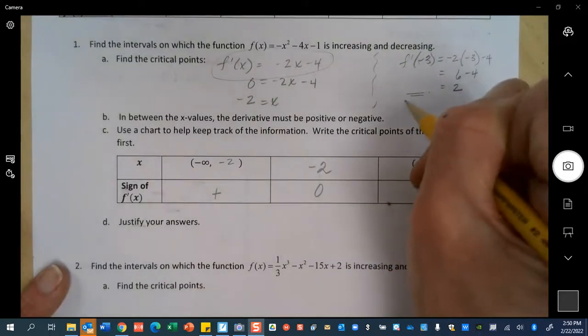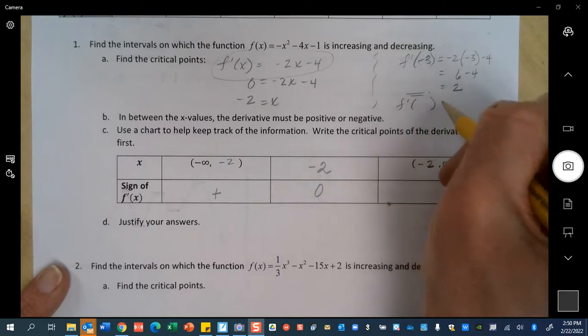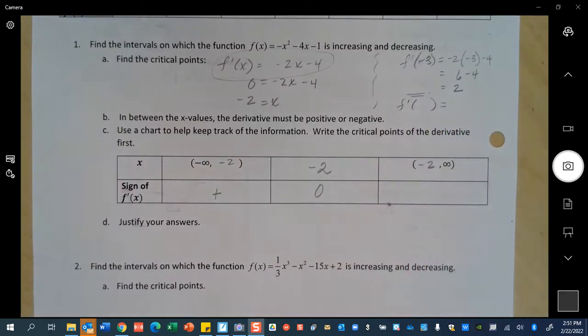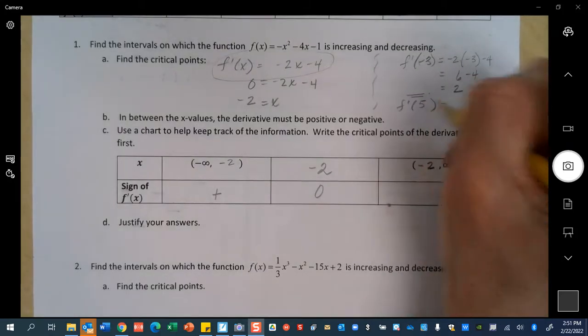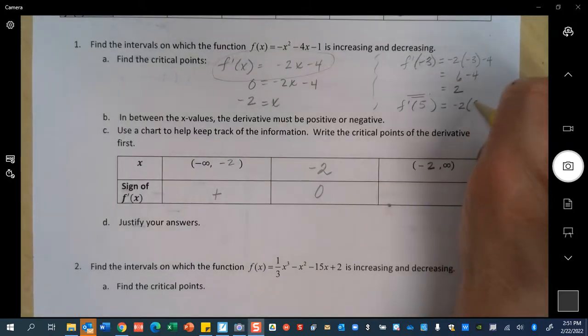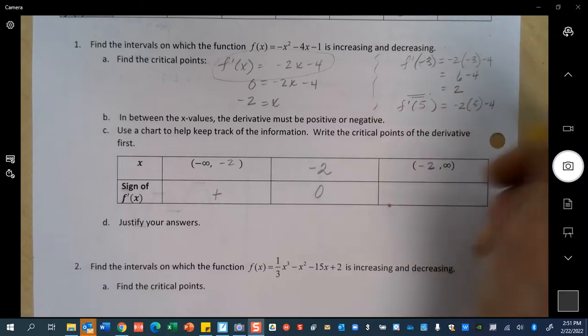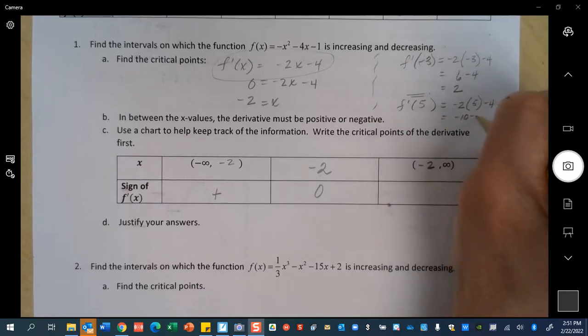Let's go ahead and find the derivative of a value on the other side of -2. 5. All right. -2 times +5 minus 4, which is -10 minus 4, -14.